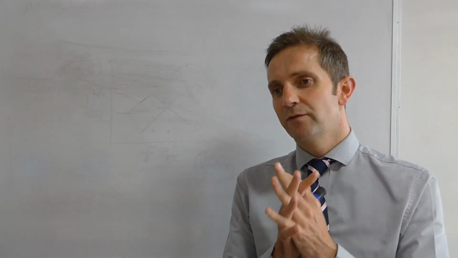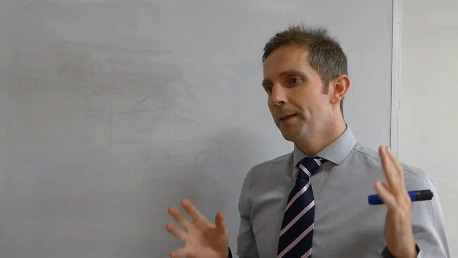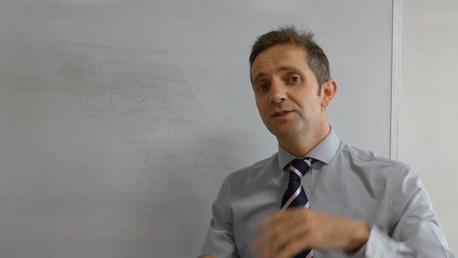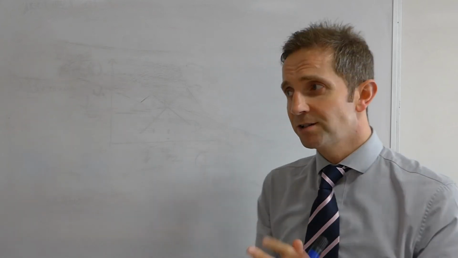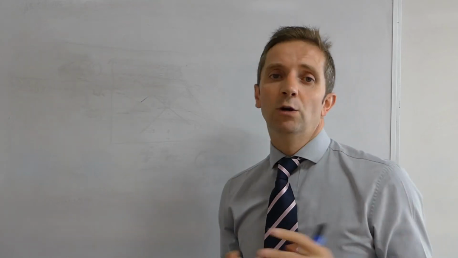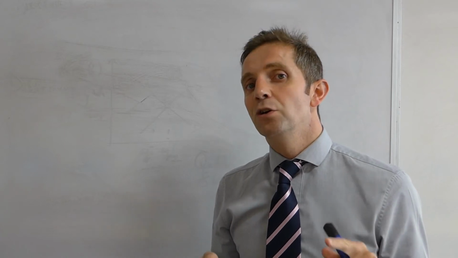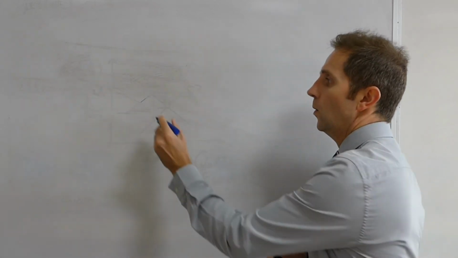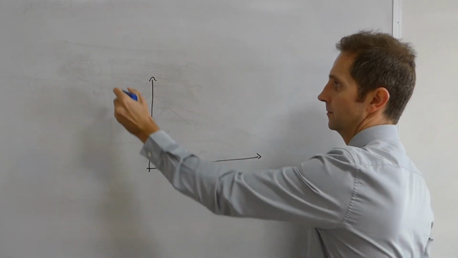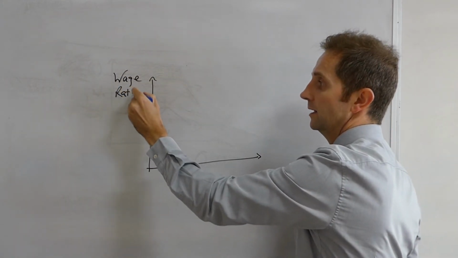Some of you have focused too much on the product market, talking about labour becoming more efficient, therefore lower cost of production, therefore supply increases, and you've drawn a very nice diagram about economies of scale, lowering prices and increasing output. But that's an NAQ, you're not actually answering the question. What was really required was a labour market diagram, and I'm delighted to say that the vast majority of you did draw one.